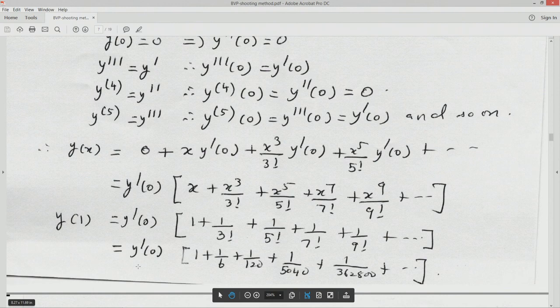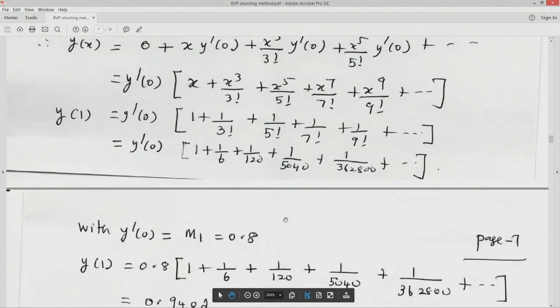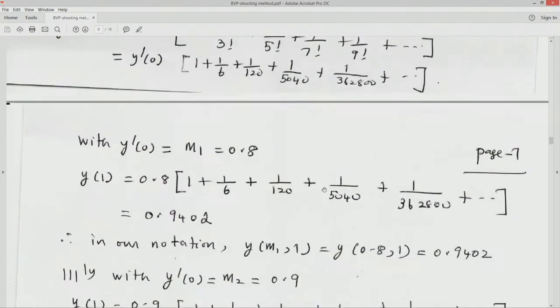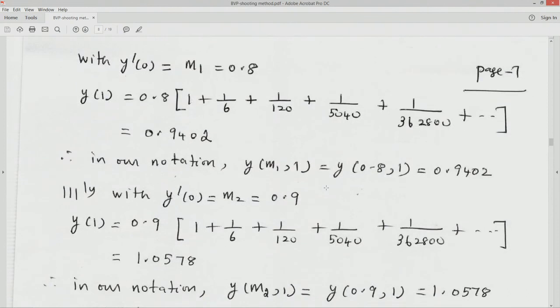I do not know what y prime 0 is. That will give me y of 1 to be equal to 1, which is prescribed as the boundary condition at the other end point x is equal to 1 in the boundary value problem. And that is why we want to use a shooting technique, namely make two different guesses for this y prime 0, namely m1 which is 0.8 and m2 which is 0.9, and obtain the solution y of m1, 1 and y of m2, 1.